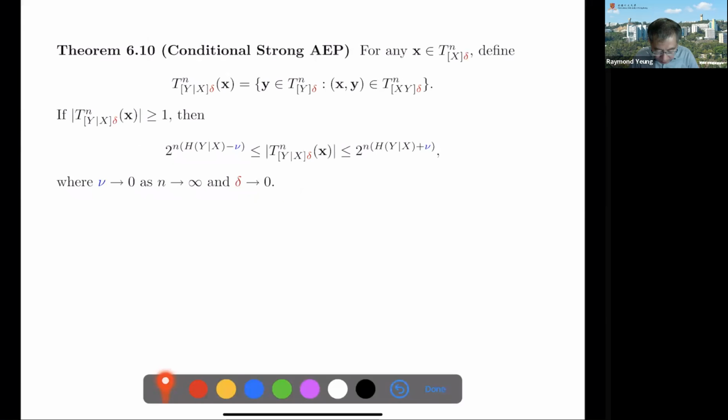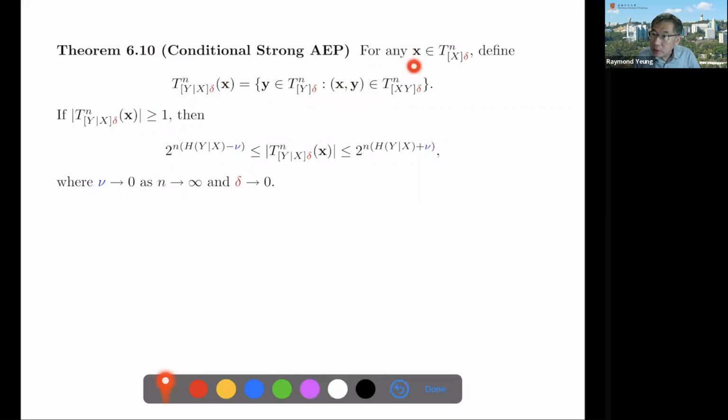Now, the conditional strong AEP says the following. For any typical sequence x with respect to its own marginal distribution, we let this set, which is getting more complicated, be the set of y given x, with n and delta remaining the same. Here you are given a typical sequence x, and you consider all the y's that are jointly typical with this x.